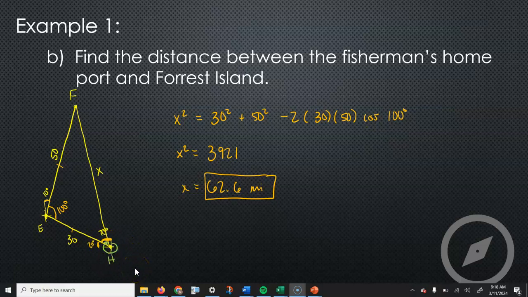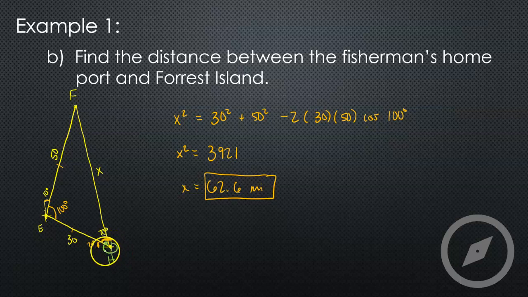Well, in order to do that, we know that this is going to be 270. We know this angle here is 20 degrees. So what I need to figure out is this angle, so I can add that to my 270 plus 20, so I can add that to my 290 degrees. If I can figure out that angle, that will give me the angle I need to find the bearing.